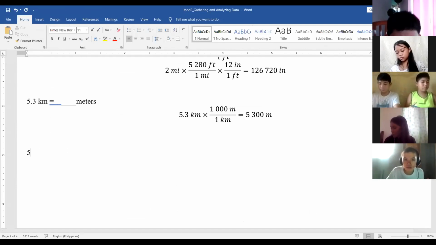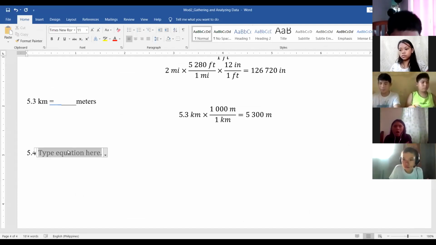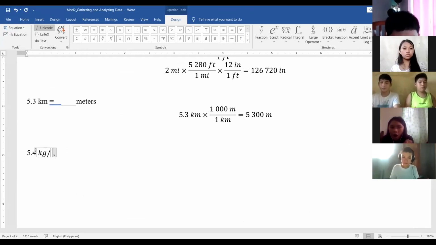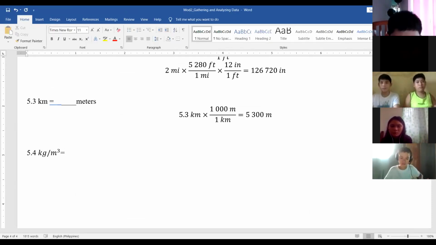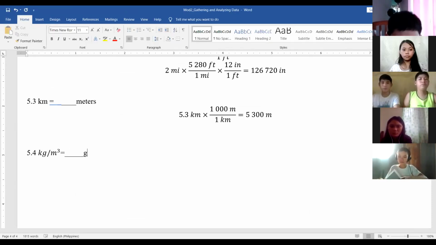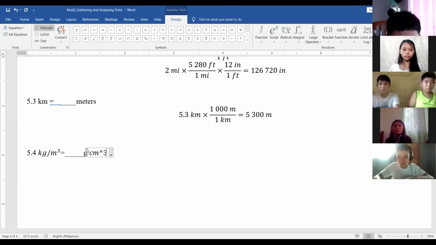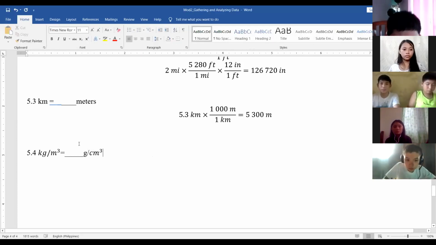5.4 kilograms per meter cube. We're going to convert that to grams per cm cube. Okay. So this is what we're going to do.